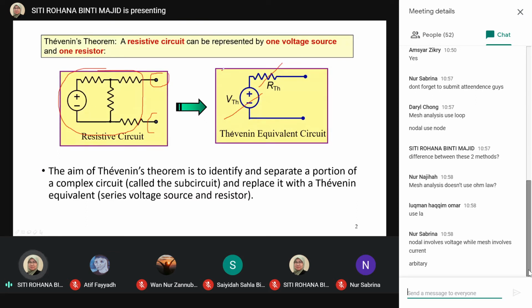So this theorem aims to identify and separate a portion of a complex circuit, which we call a sub-network or sub-circuit, and replace it with the equivalent Thevenin circuit, which is like this.